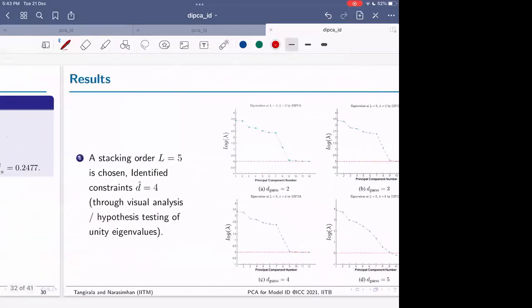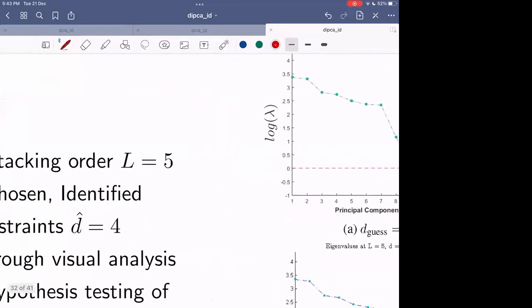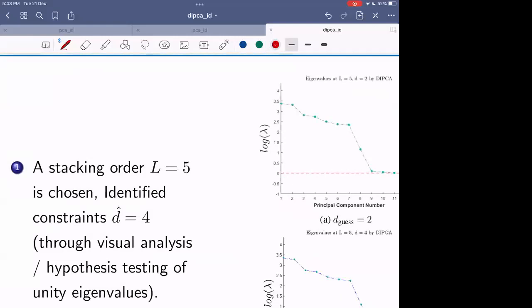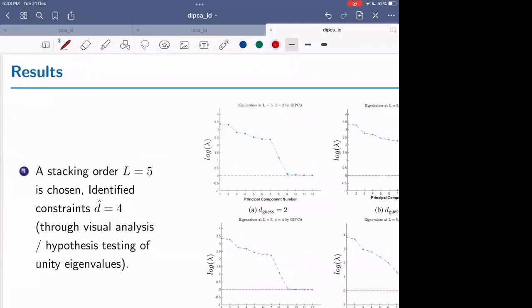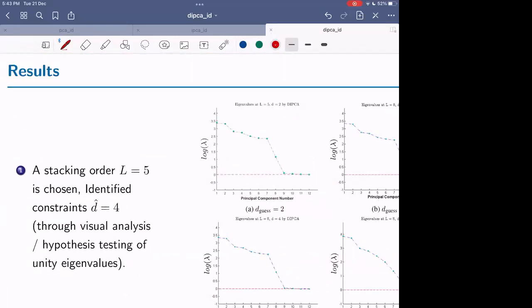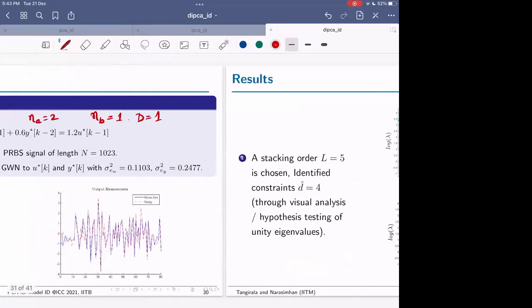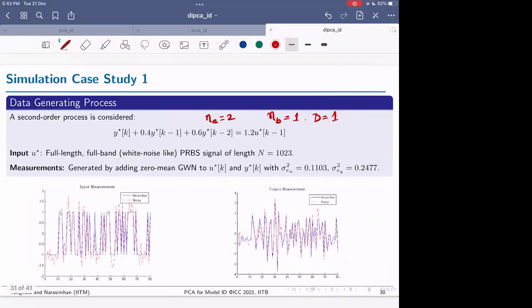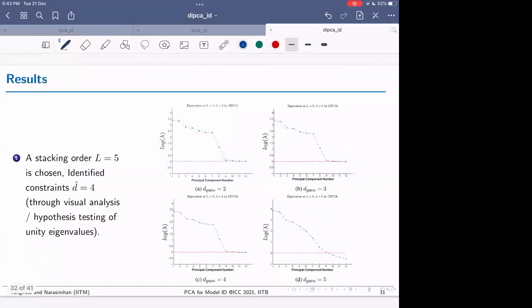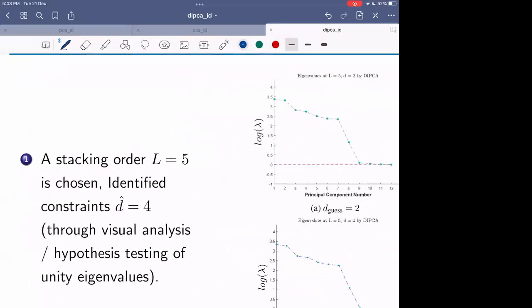Now we choose L equals 5 for the system, and theoretically you should expect 4 constraints because you have eta equals 2 for the given system. Eta is max of NA and NB, so eta is 2. Therefore, you should expect D is 4, and that is how we get it.